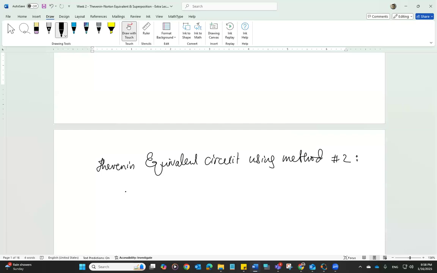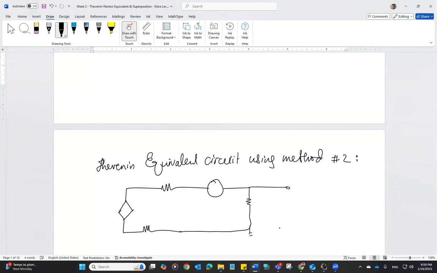So what we are going to do first is we have the voltage source, the resistance here, and the resistance here, and we are going to leave our nodes A and B open.